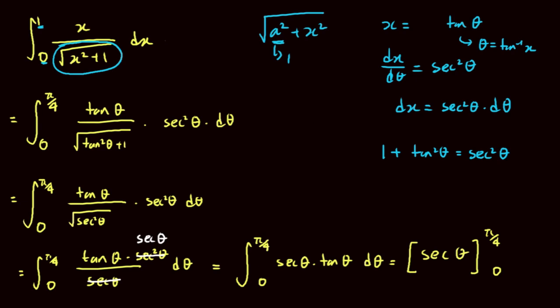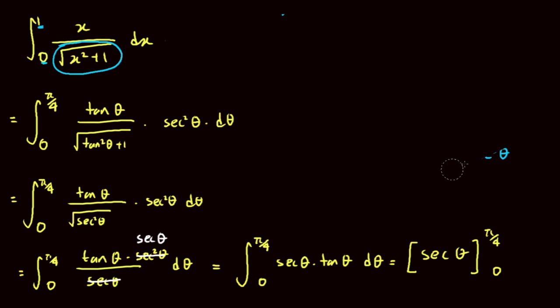I'm going to erase this part so that we have a bit of space. Now we work on it. We know that sec theta is simply 1 over cosine theta, so from 0 to pi over 4, what we have here is 1 over cosine of pi over 4.